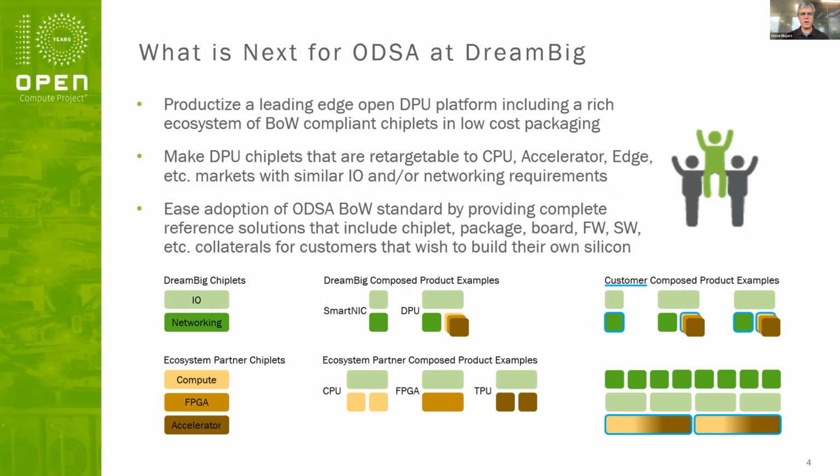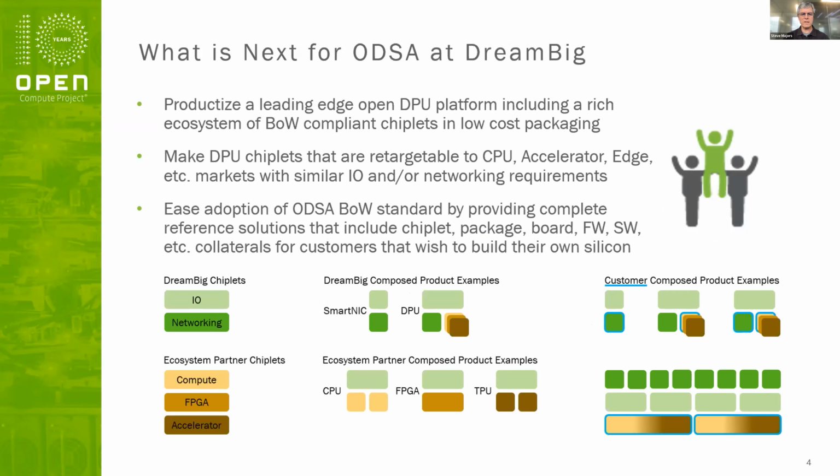So what's next for us is that we're productizing an open DPU platform. It includes a rich ecosystem of BOW compliant chiplets in low-cost packaging. We're making these DPU chiplets in a way that they're retargetable to other markets such as CPUs, accelerators, and edge, where similar I/O and networking requirements that we use in the DPU are also needed.